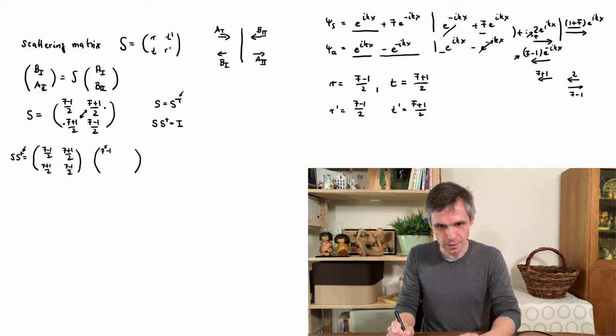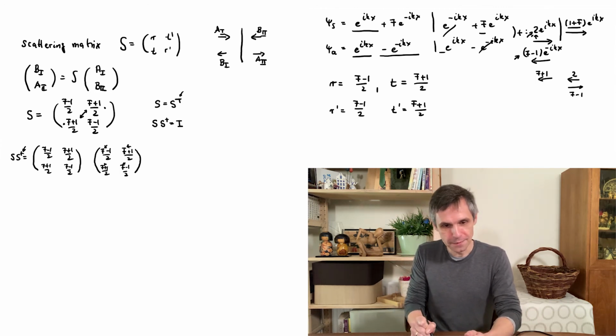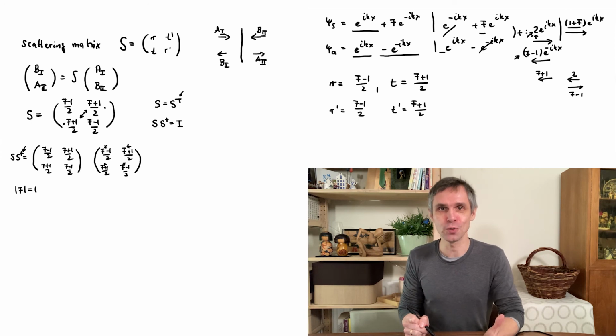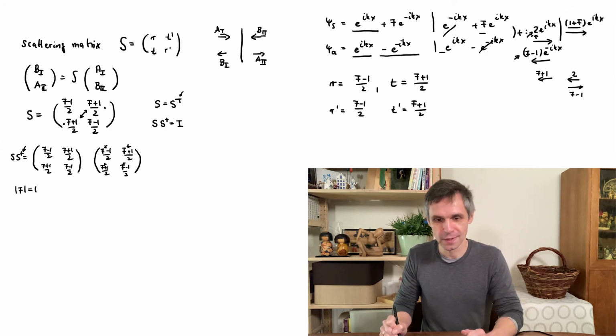Hence we have the complex conjugate of this quantity f in here. And now we can work this all out. Now we are going to use that f is a complex number of length 1, which you can see simply from its definition because it's a complex number divided by its complex conjugate.